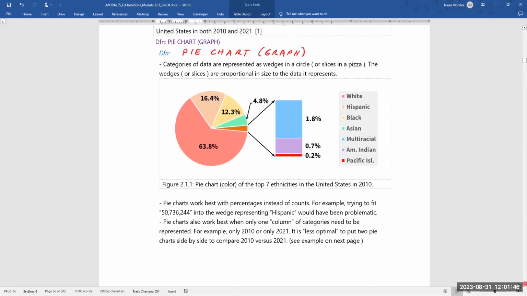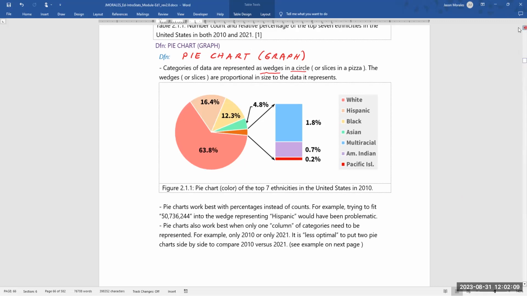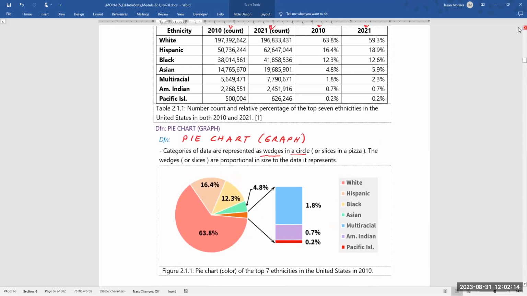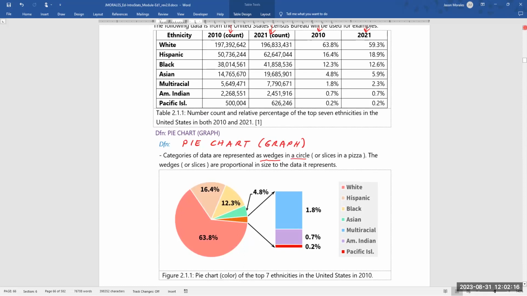We've talked a little bit about pie charts, but we're going to go into just a little bit more detail. A pie chart represents categories of data, and each category is represented as wedges in a circle, like slices in a pizza. The wedges are proportional in size to the data they represent. For example, white ethnicity in 2010 was 63.8.